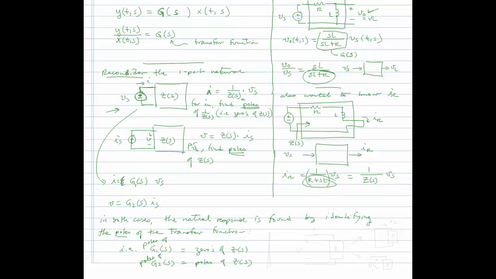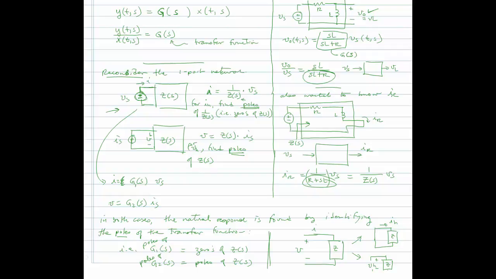So I'm expanding this idea of how we arrive at the natural response of a system. Up till now, we've looked only at the simple case where we had some impedance Z, and we were applying either a voltage or a current. When we were finding the natural response, we either turned off a voltage source that was driving this and looked for IH, or we turned off the current source and looked for VH.